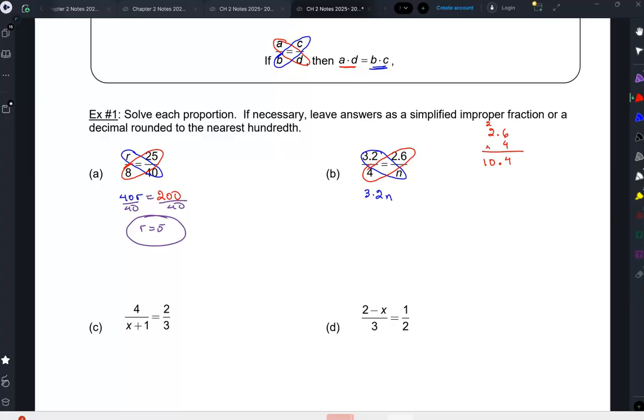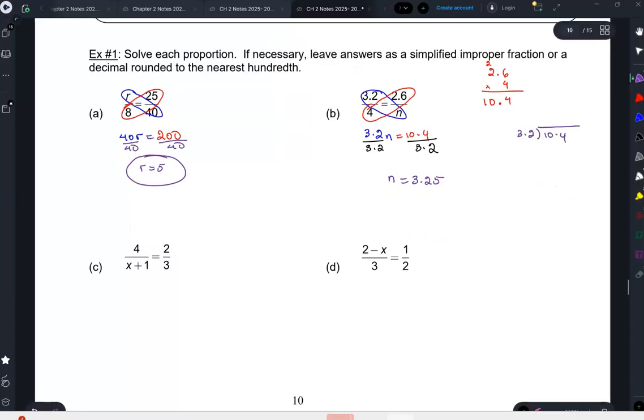It'll be a 10 and then you have 0.4. So this is equal to 10.4. Then divide by 3.2. Divide by 3.2. And again, you can do long division there. And you get that n is 3.25. So we're going to try to do it without a calculator because we want to get our number skills up.